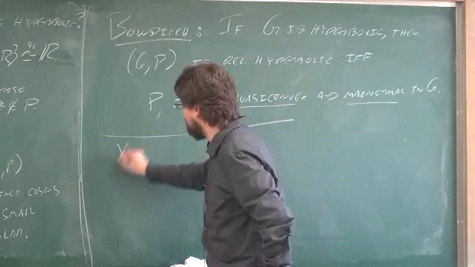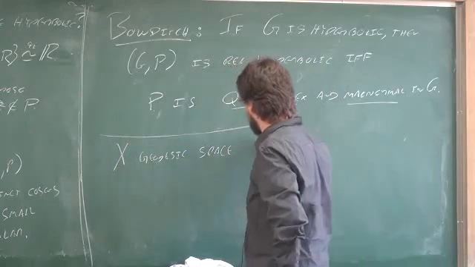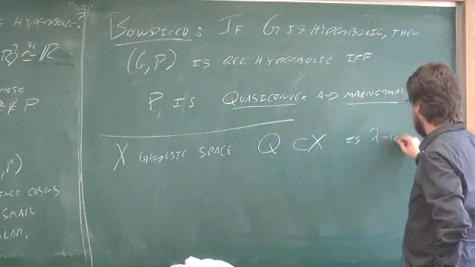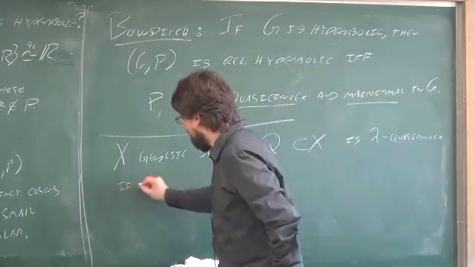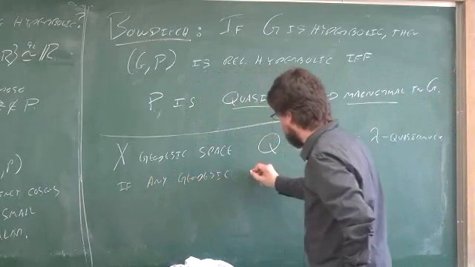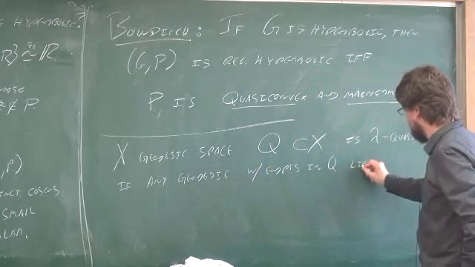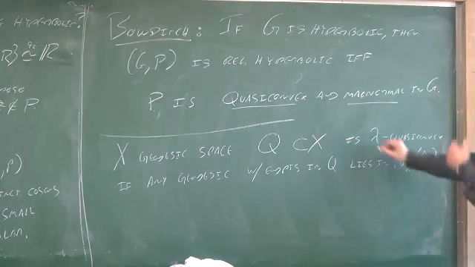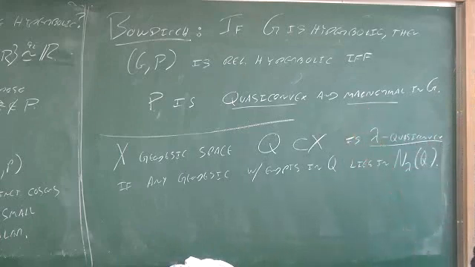If I have X a geodesic space, Q sitting inside X is lambda quasi-convex if any geodesic with endpoints in Q lies in the lambda neighborhood of Q. So if I draw a geodesic between two points in Q, I can't get too far away from Q. There's some universal bound.